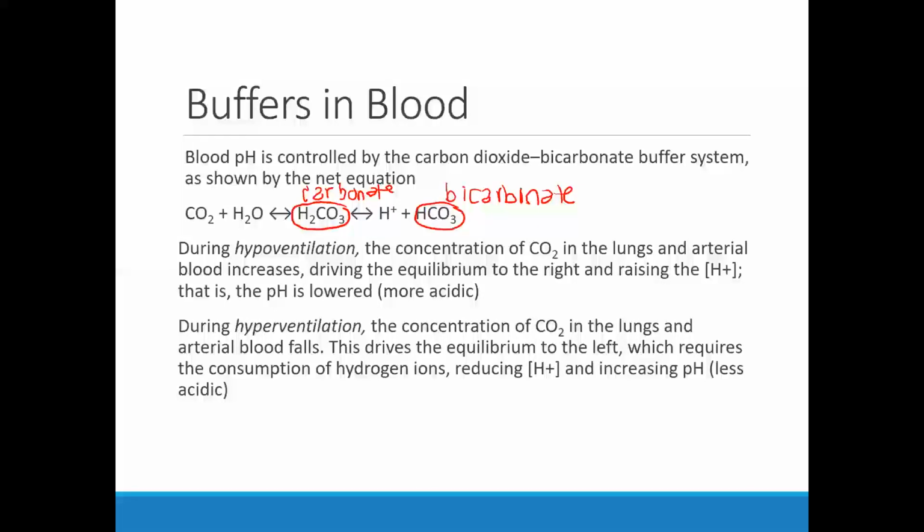During hypoventilation, the concentration of CO2 in the lungs and in the arterial blood will increase. That means hypoventilation is not getting enough air, so CO2 starts to increase. In this situation, we would drive our equilibrium to the right, and it would raise H plus.